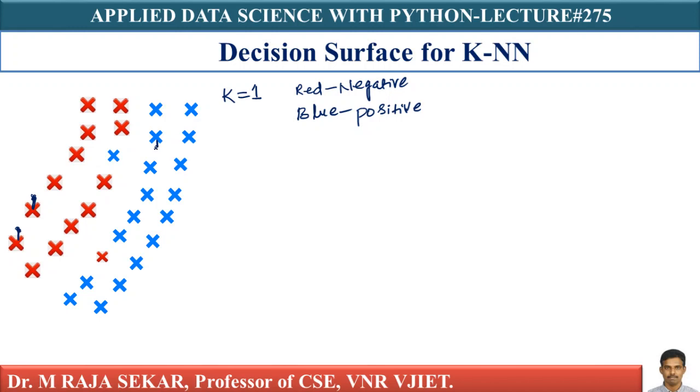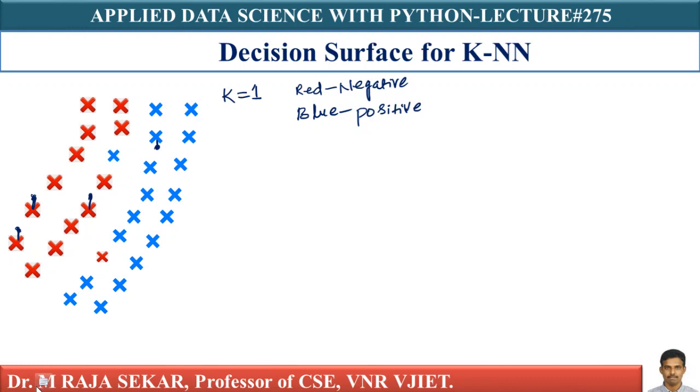Its one nearest neighbor is a blue point. Therefore, I can declare this query point as a blue point or positive point, isn't it? If I take my query point somewhere here, what is its one nearest neighbor? Its one nearest neighbor is a red point. Therefore, this query point can be declared as a negative point.